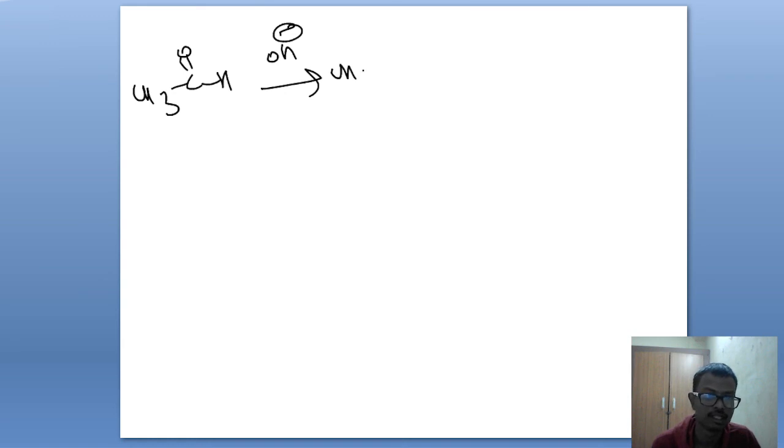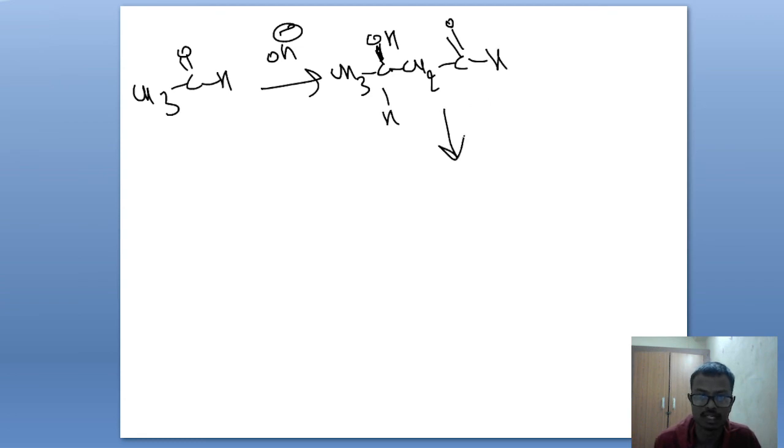First of all, we took this aldehyde and treated it with a base, and you get a beta hydroxy compound like this, and when you heat it, you get a double bond over here.